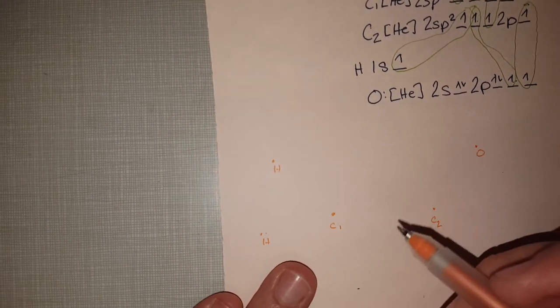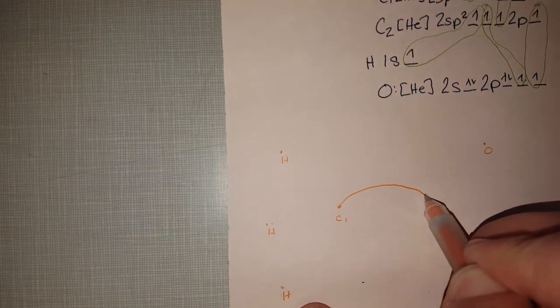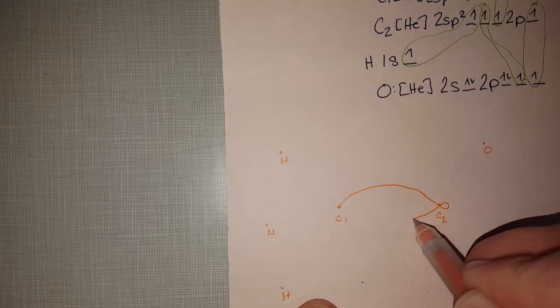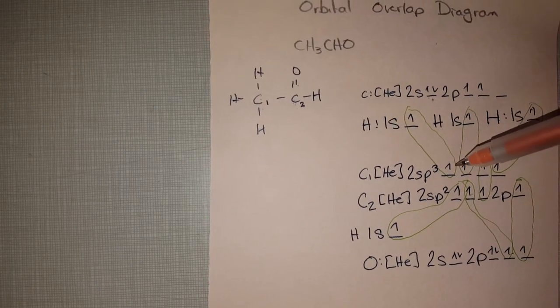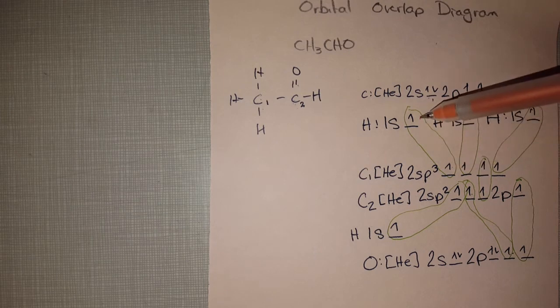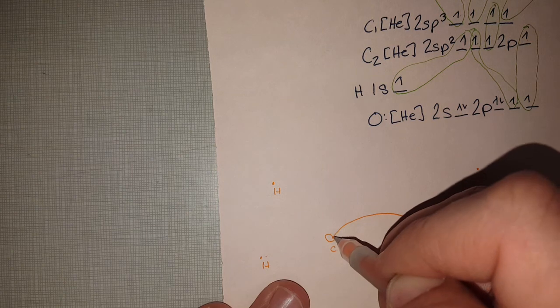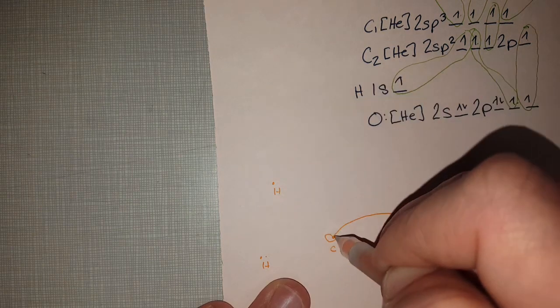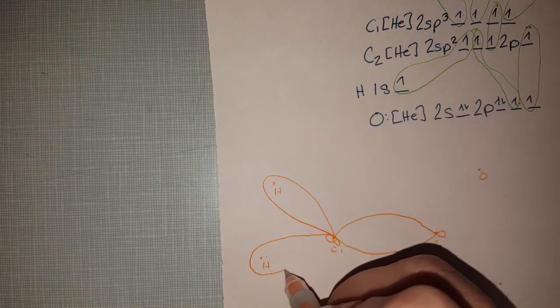So an overlap of a hybrid with a hybrid looks like a fish. And then it has 3 bonds that result from the overlap of a hybrid with an s for each of the hydrogens. And so we know that the overlap of a hybrid with an s generally gives us the fish shape.